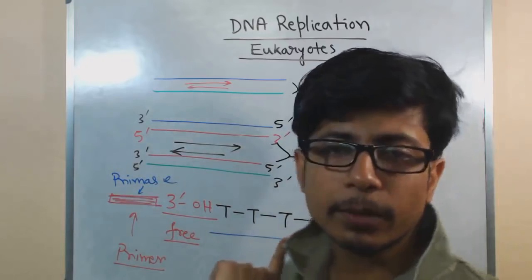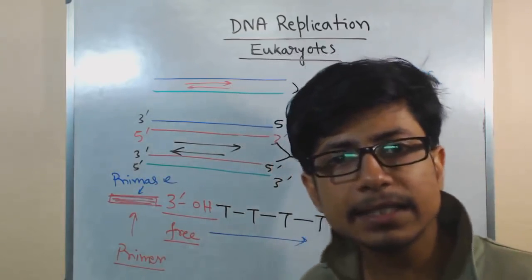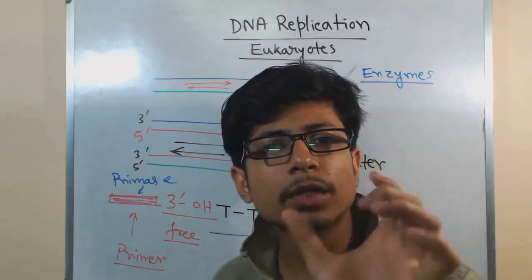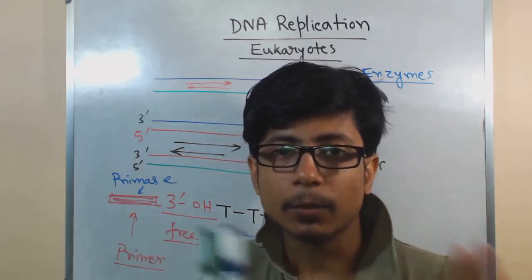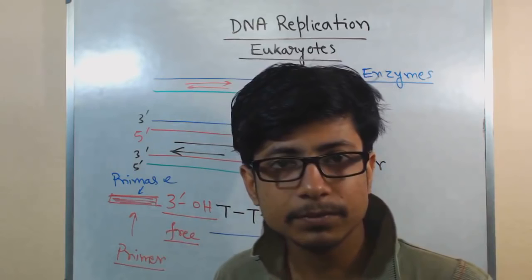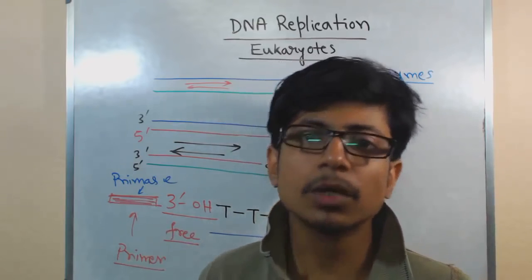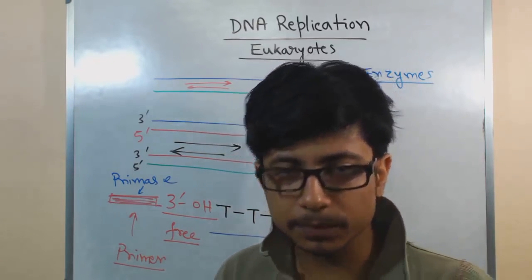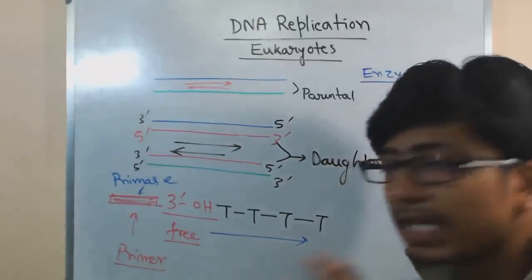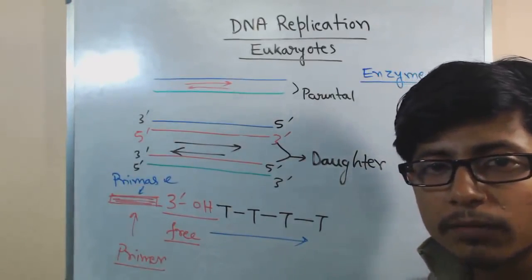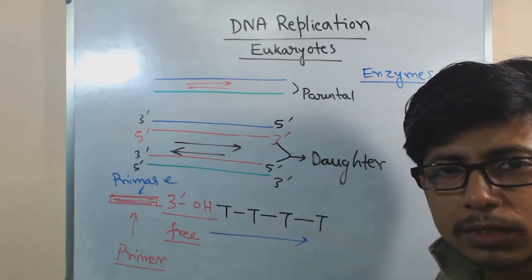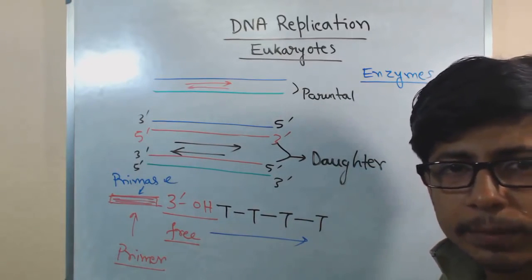So multiple primers are required in lagging strand synthesis, and they synthesize only small fragments of nucleotide sequences at a time. That is called Okazaki fragments, based on the discoverer of these fragments. Okazaki fragments are very small in prokaryotes, 20 to 25, 30 base pairs.